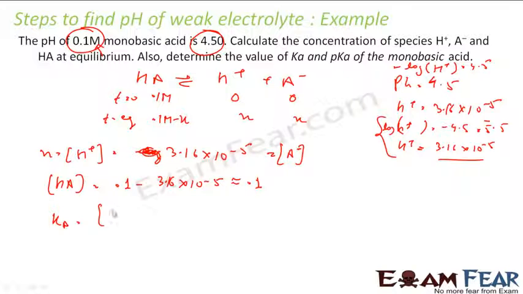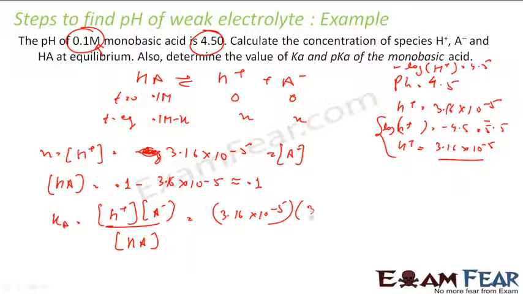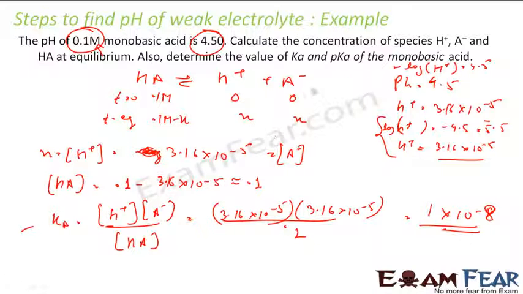K is my H plus ion concentration into A minus ion concentration divided by HA concentration, right? Simple formula we have. So let's put the values. This becomes 3.16 into 10 to the power minus 5 into 3.16 into 10 to the power minus 5 by 0.1. So if you solve this, you get 1 into 10 to the power minus 8. That is my Ka. K is found.